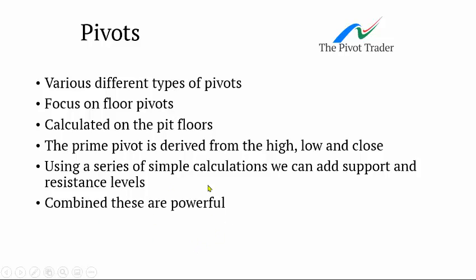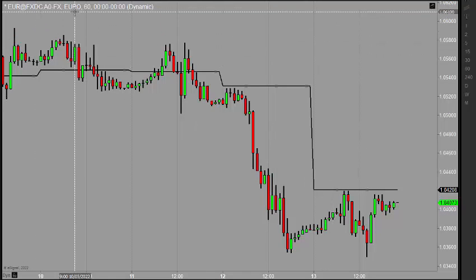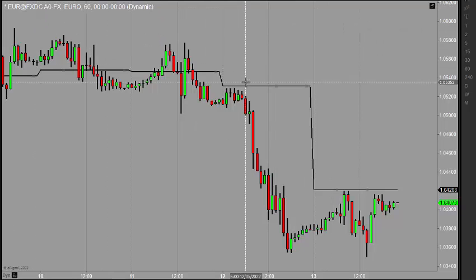Now, combined with the pivot levels themselves, and using multiple time frames, they're extremely powerful. I'm going to demonstrate that by going straight to a chart. Okay, so I brought the euro dollar up. It's the most liquid pairing out there. It's a 60-minute time frame I'm looking at here, and the pivot level itself is a daily pivot period.